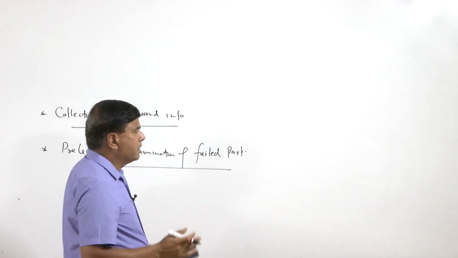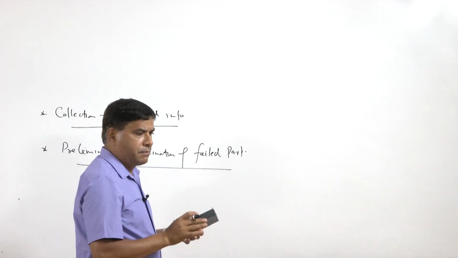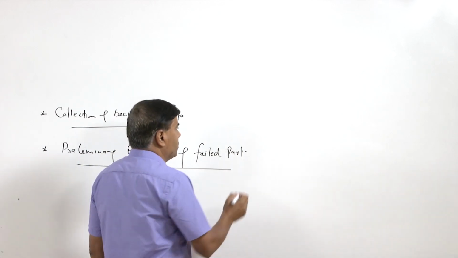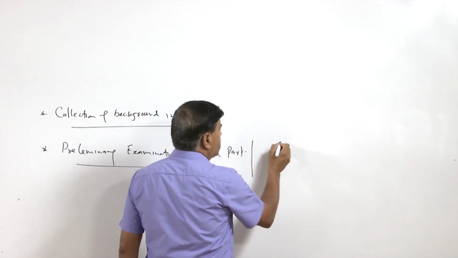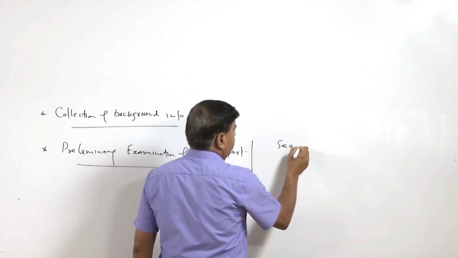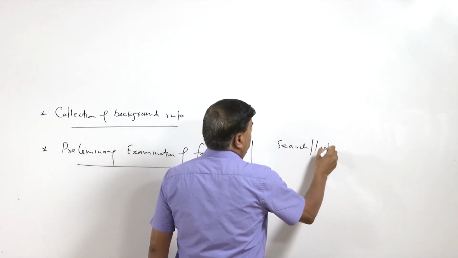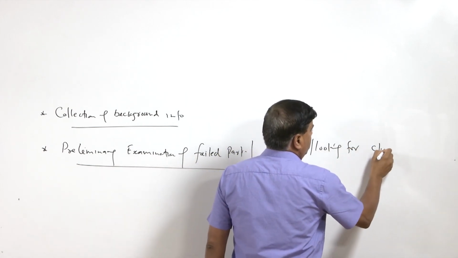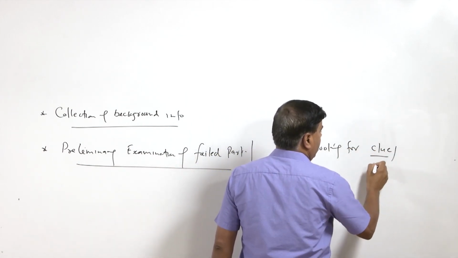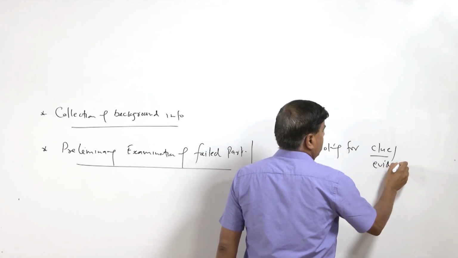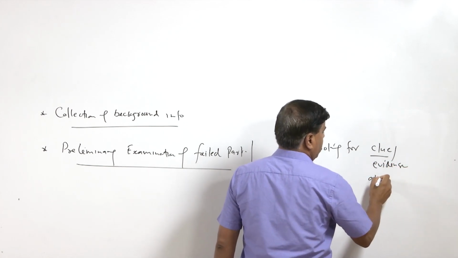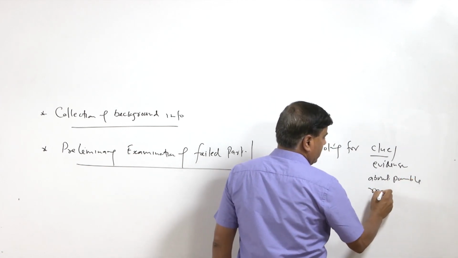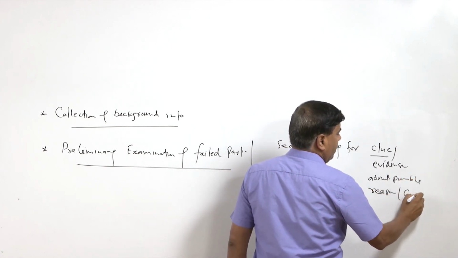So, we know that the failure of a component is about the inability to perform the desired functions. So, the main objective is to search or look for the clues or evidences about the possible reason or cause of the failure.